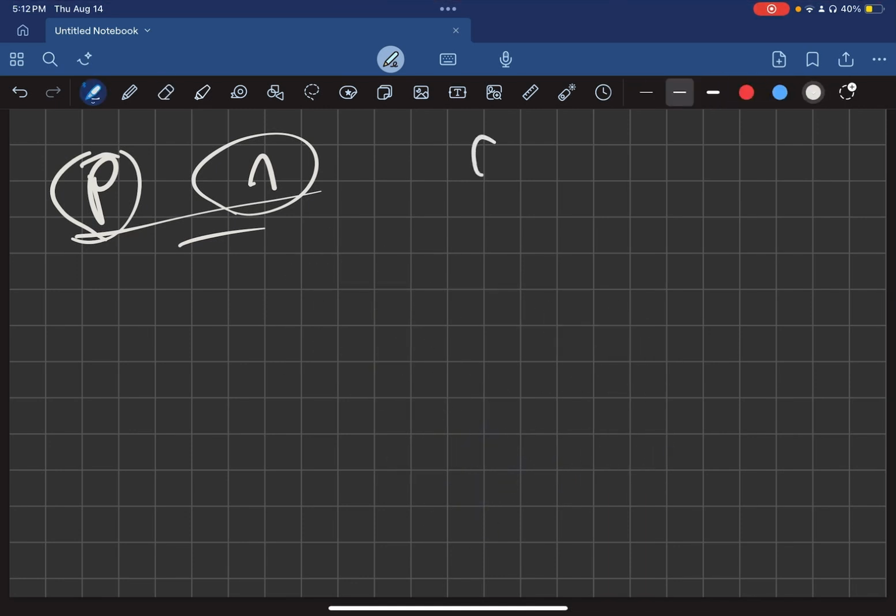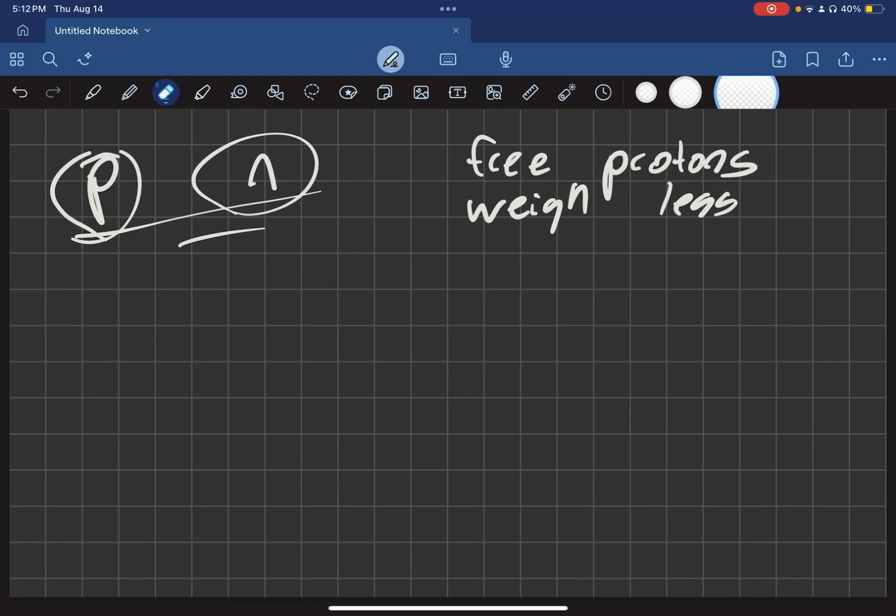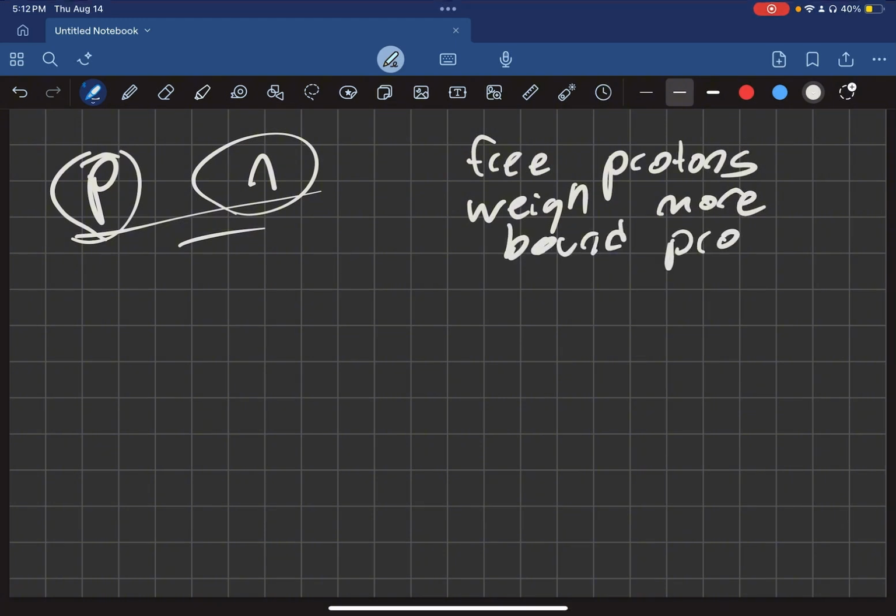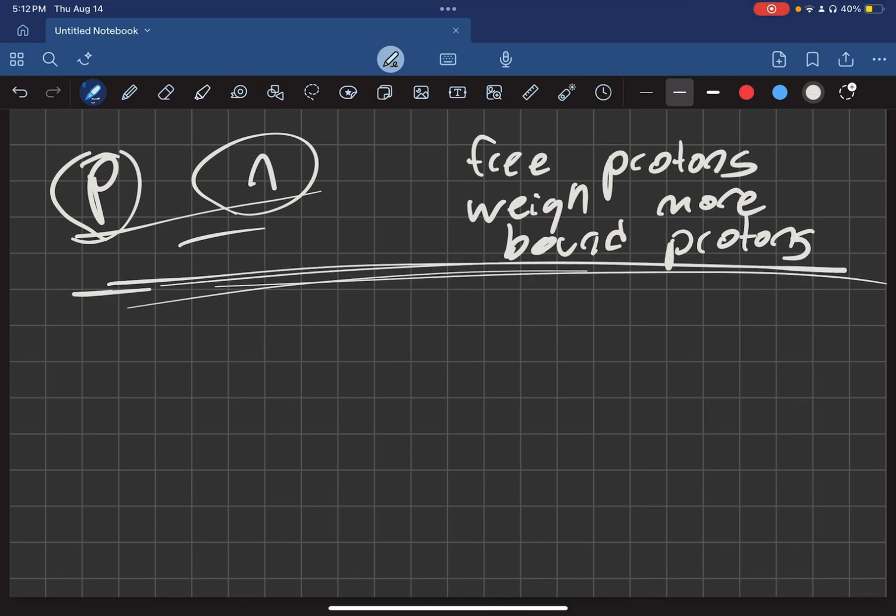Free protons weigh less, or sorry, weigh more than bound protons. So that is the very important thing to take away from this. And that is why U doesn't just equal protons or neutrons. It only does in the context of carbon 12.